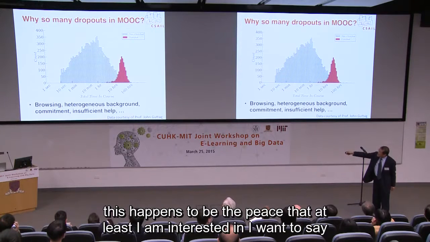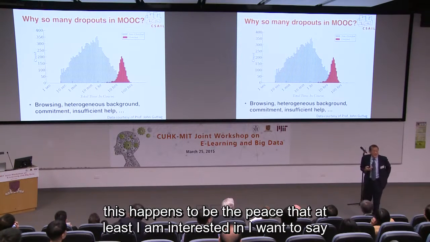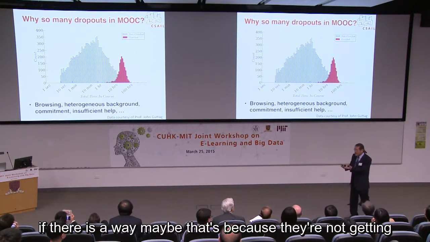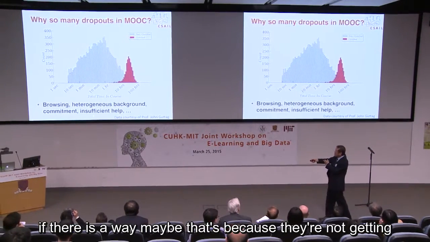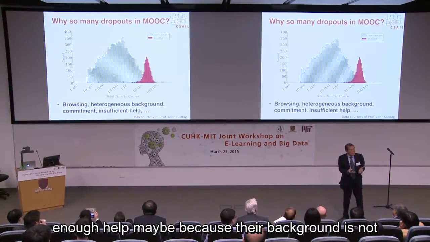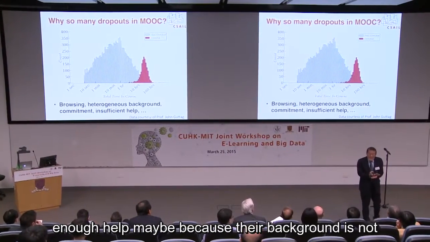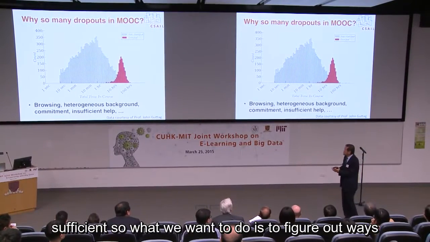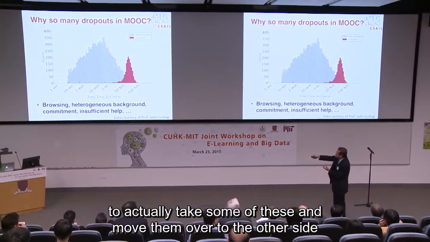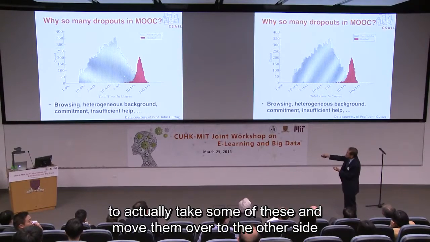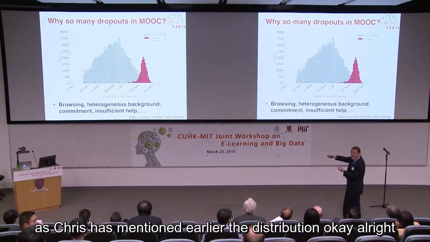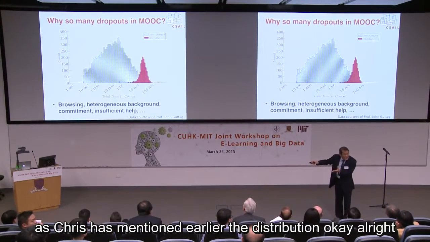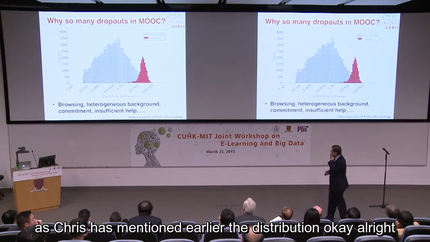This happens to be the piece that at least I am interested in. I want to say, if there is a way, maybe that's because they're not getting enough help. Maybe because their background is not sufficient. So what we want to do is to figure out ways to actually take some of these and move them over to the other side, as Chris has mentioned earlier, the distribution, okay?